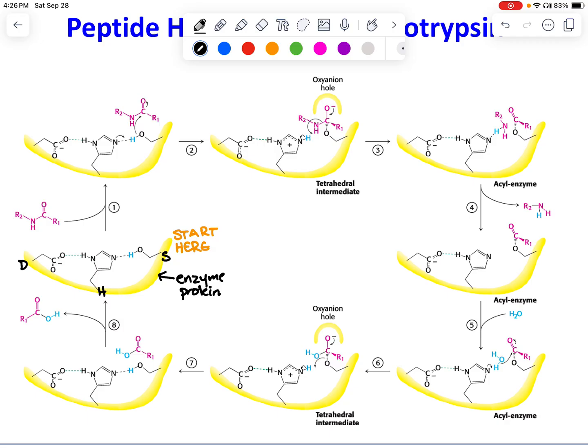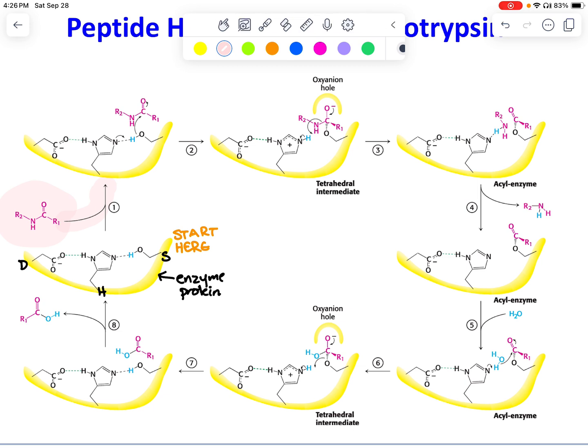So then what we see happening right here is that we have some substrate that's now going to enter the active site. That's what's happening, and we see it now up here at the top in the pink.